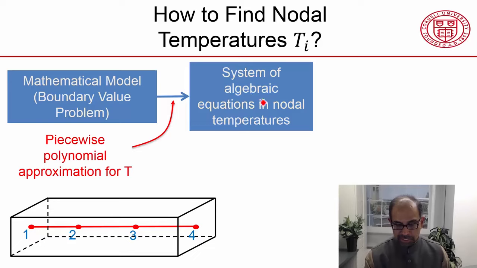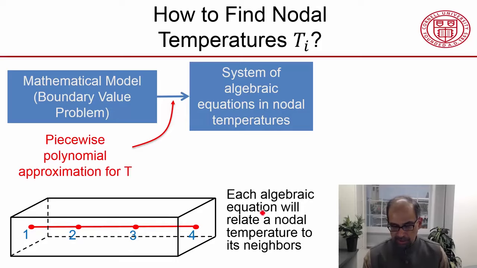And you derive that system of algebraic equations using the piecewise polynomial approximation for temperature that we saw previously. And each equation will relate a nodal temperature to its neighbors. It's going to be a linear equation, and so for instance, if I write the equation at this node, it'll relate the temperature T2 to T1 and T3.